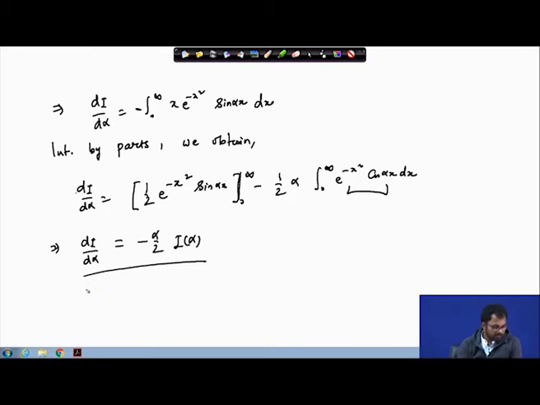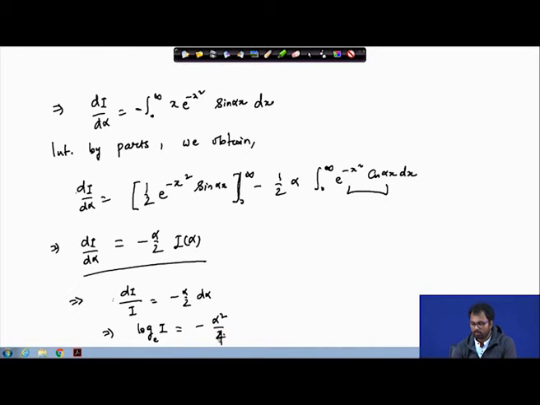So if we integrate both sides, then this will be dI by I equals minus alpha by 2 d alpha. So if I integrate, then this will be log of I, and if I integrate on the right hand side, then this will be alpha square by 2 times 2.